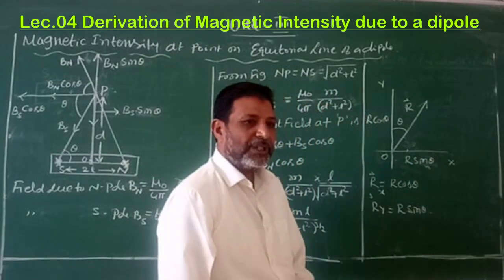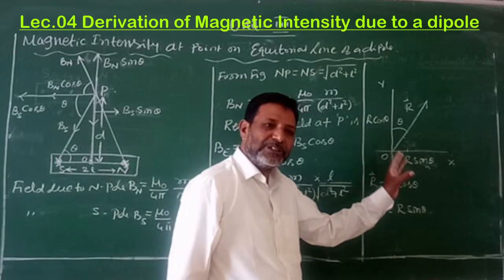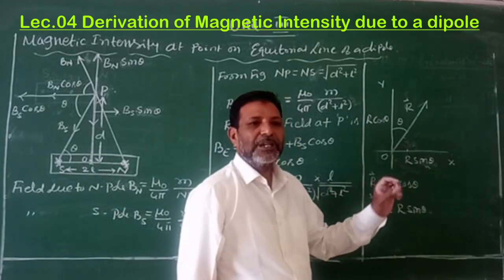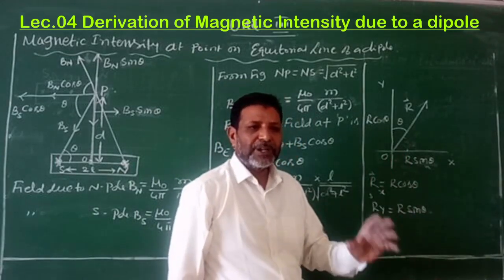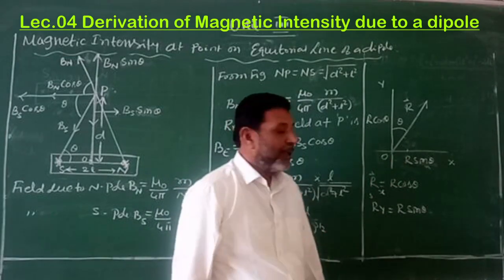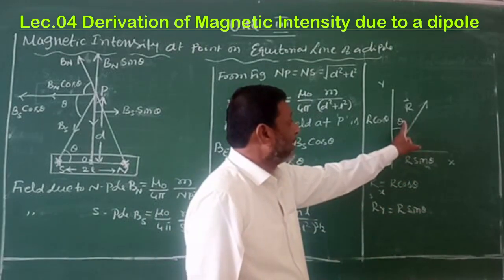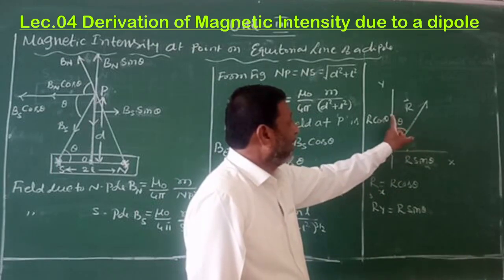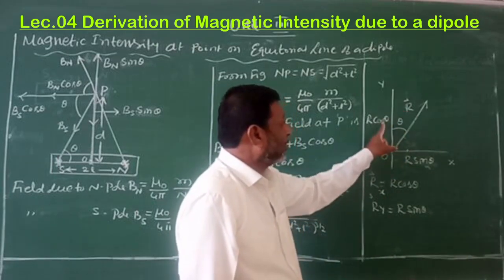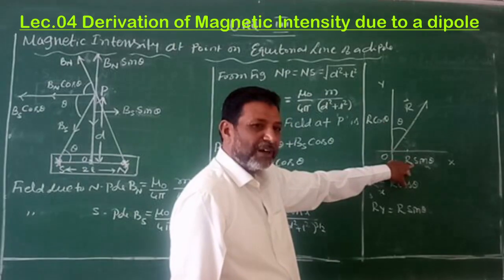Are you followed? This is the important one. I think you have studied this in the lower classes, but you might have forgotten, so I have made it clear. Once again, if this vector makes an angle theta with this axis, then this will become R cos theta, and the other will become R sin theta.